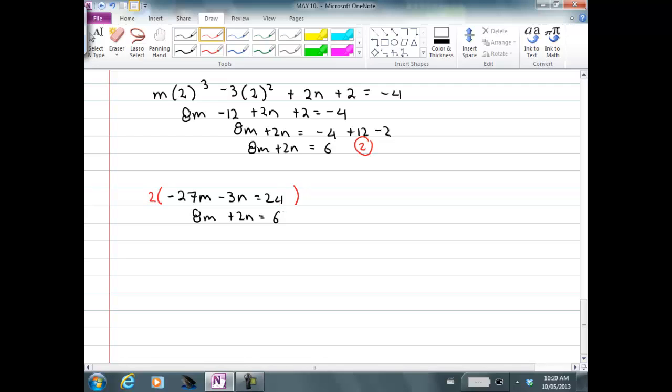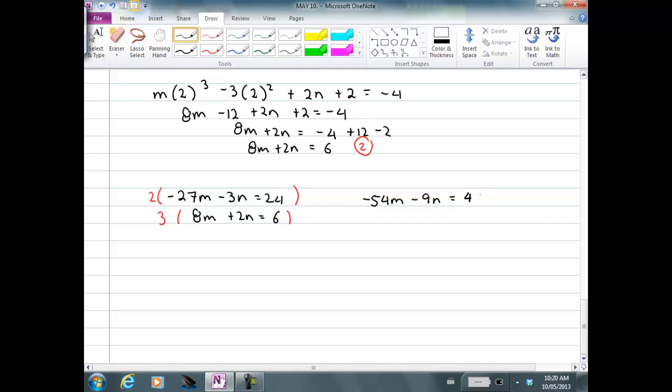Hartaj, what do you multiply the bottom by? Sorry? 3. Because I want to match up the n's, because I want to get rid of it. Go ahead and solve this step. And you should have negative 54m minus 9n equals 72. Oh, sorry. Whoa.